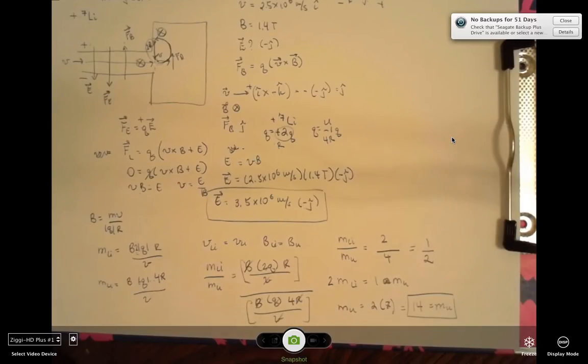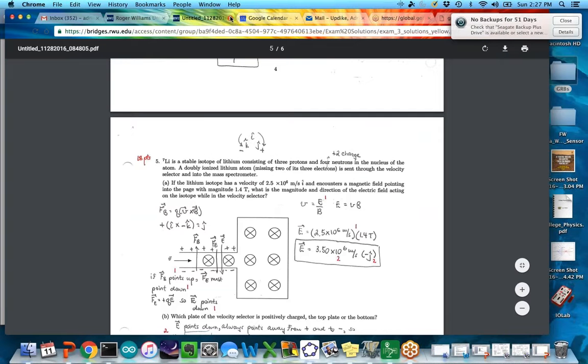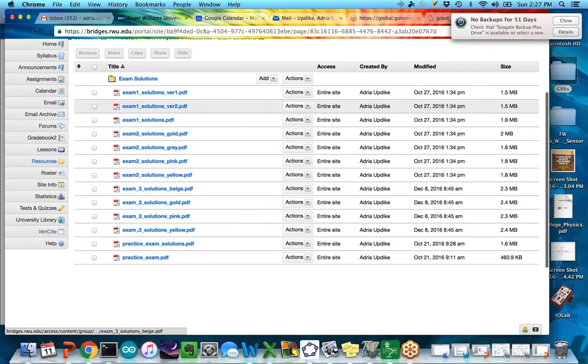The electric field. Okay, so let's go back to exam 1.